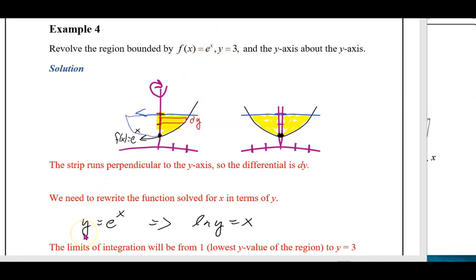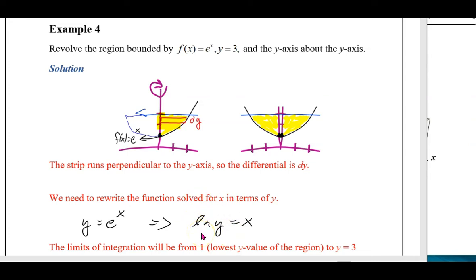Replace the f of x with the variable y, and then convert the form from exponential form to logarithmic form. This solves it for x in terms of the variable y. So the function f of x equals e to the x becomes the function of y, g of y equals the natural log of y.